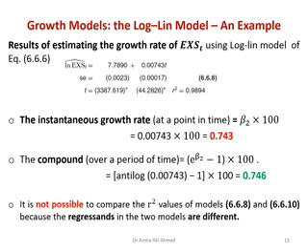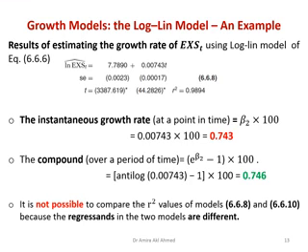Equation 6.6.8 shows the regression results of estimating the growth rate of expenditure on services using the log linear model shown in equation 6.6.6. According to equation 6.6.8, the expenditure on services increased at a quarterly rate of 0.743% over the period under consideration.